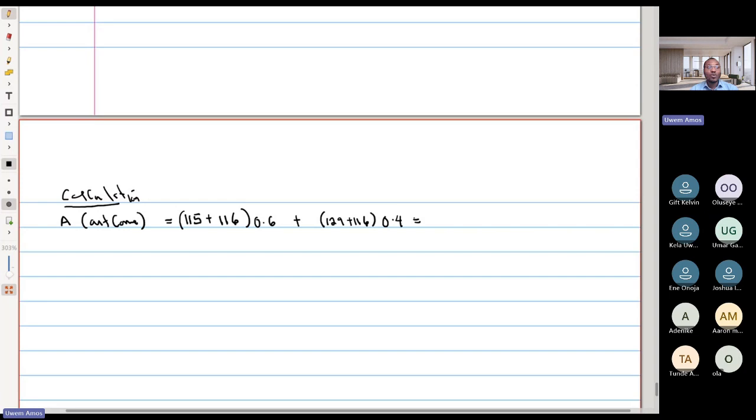Okay. So what do we have as our value for point A? That's 115 plus 116 multiplied by 0.6, which gives me 138.6, plus 129 plus 114 multiplied by 0.4, which gives me 98.